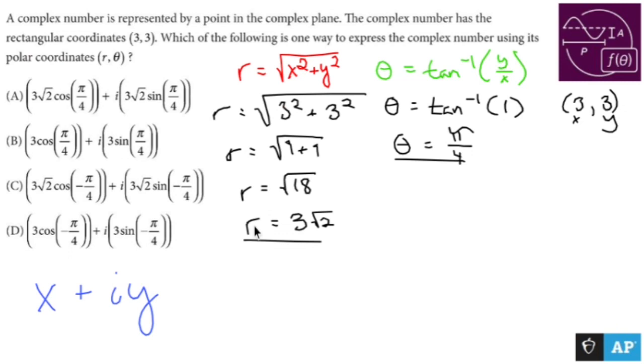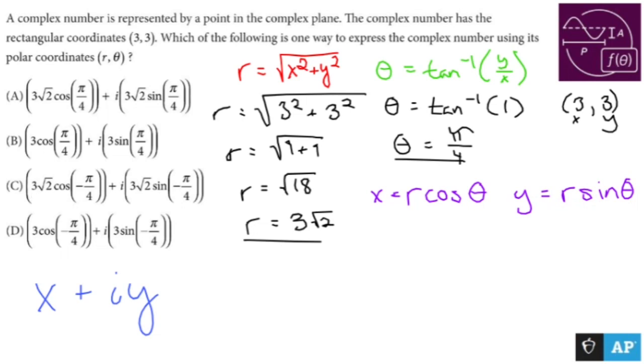Because now I have to take my r and my theta and plug it into that formula-looking thing, okay? We know that if we were to write out all the rules for polar and rectangular, x is equal to r cos theta. And my y value is going to equal r sine theta.